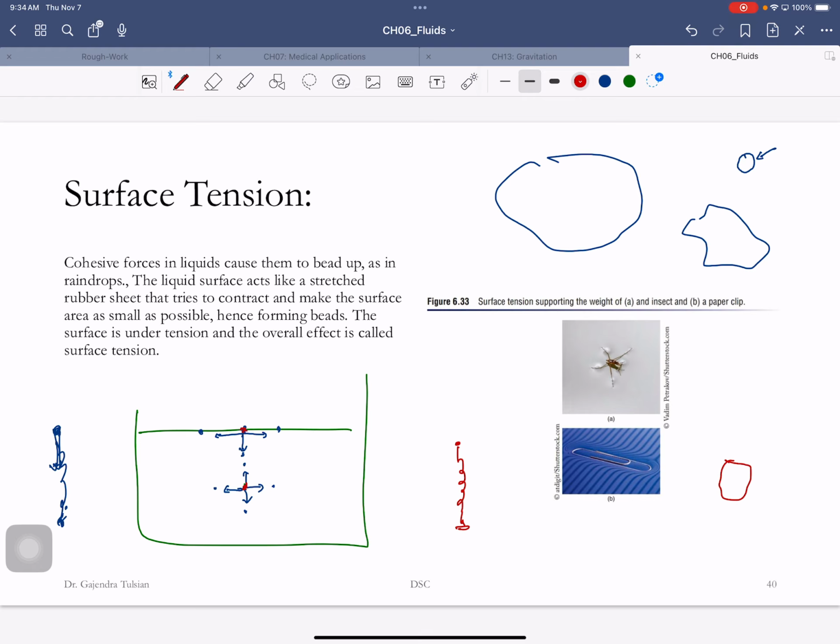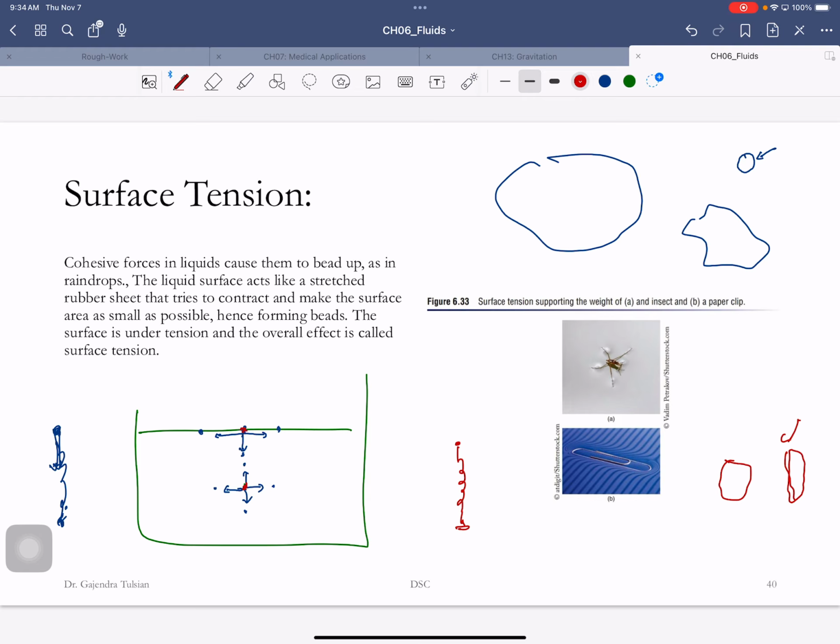Why is it spherical? Because for a given volume, the surface of a sphere has the least area. You won't find a raindrop falling like a hot dog or something like that, because for a given volume, that's more area. Did you guys understand that?